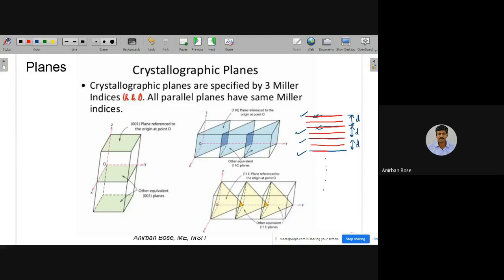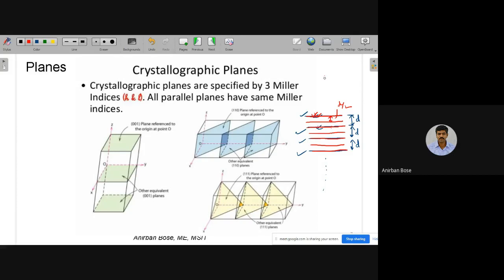These are all parallel planes such that the distance between them is d by 2, and this d by 2 is the same between any two consecutive planes. Then this red set of planes will be represented by different Miller indices. By that Miller indices, we represent all these red planes. And you see, this particular plane, which was previously blue and was represented by some Miller indices, now it is red and will be represented by some different Miller indices.